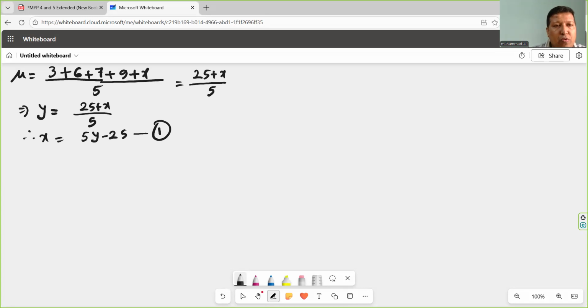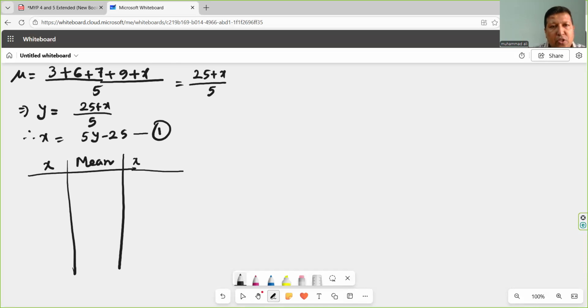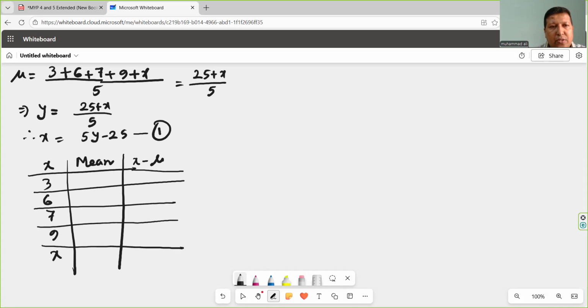Okay, so we want to make a table with x, the mean, and x minus mu. So x is 3, 6, 7, 9, and x, and the mean for the new data is y, y, y, y, y.